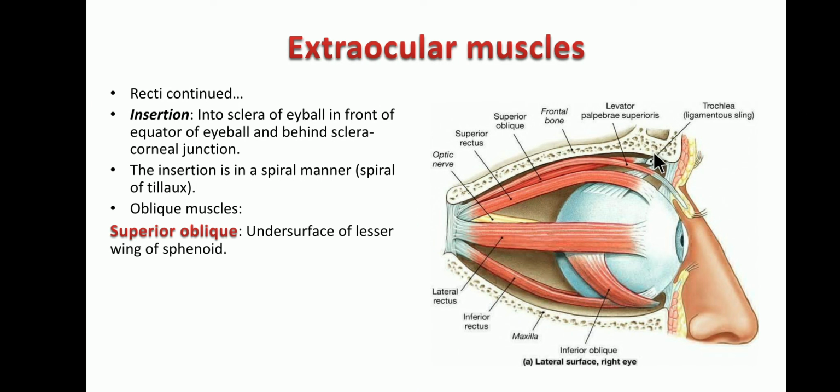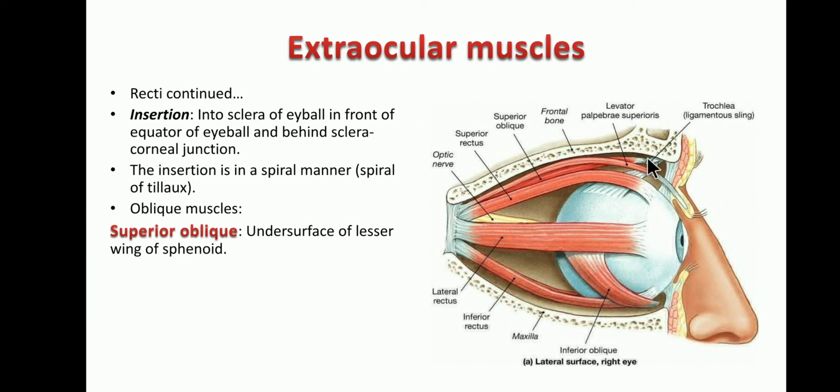It passes through a fibrocartilaginous pulley, and then the muscle changes its direction. It goes backwards and downwards below the superior rectus, and is inserted into the sclera behind the equator at the posterior superior quadrant of the eyeball.